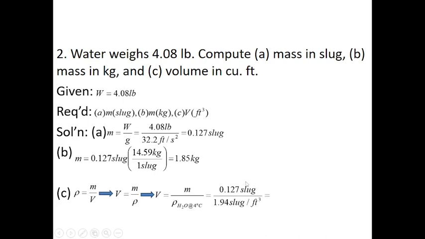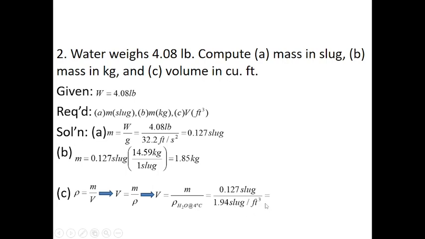So we have now 0.127 slug over 1.94 slug per cubic foot. This was discussed in my previous video, no? So 0.127 slug over 1.94 slug per cubic foot for the density of water at 4 degrees Celsius.